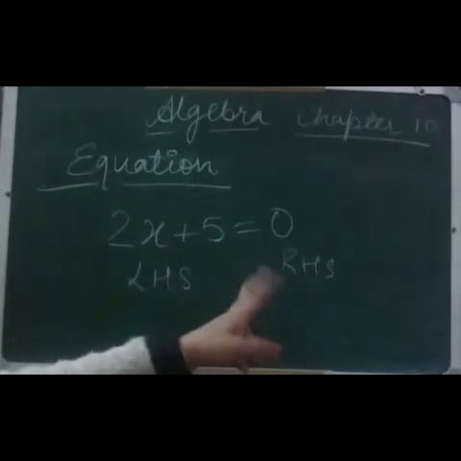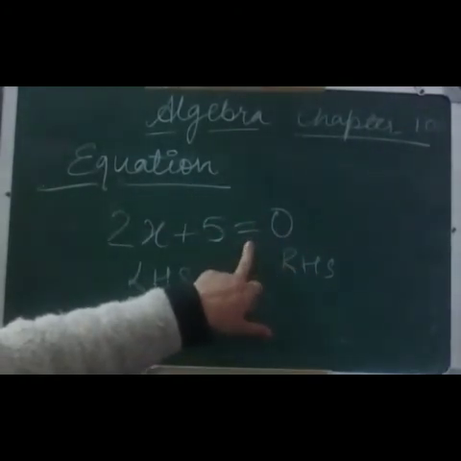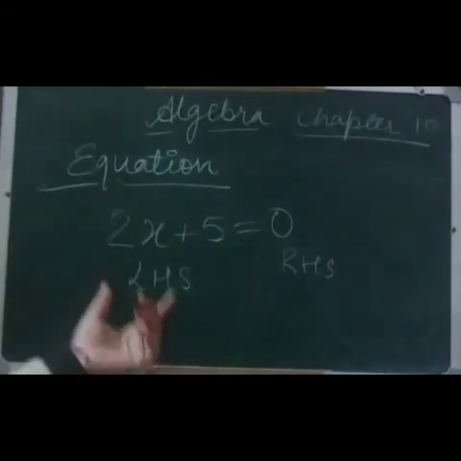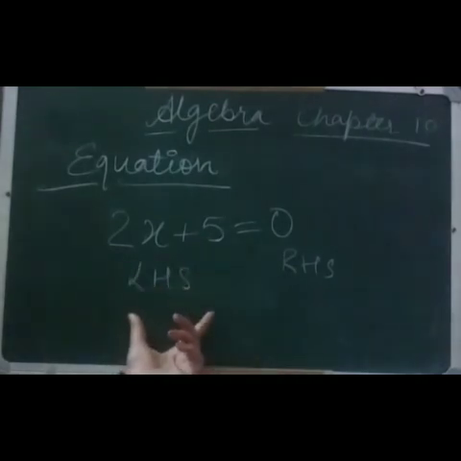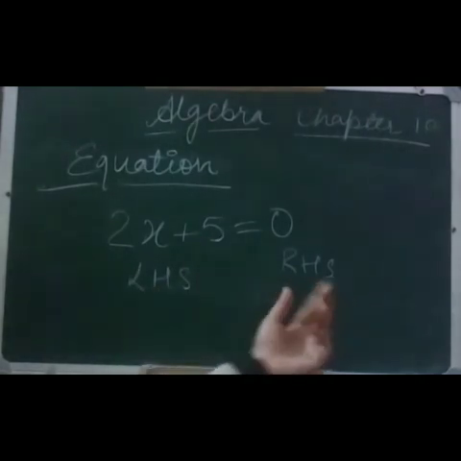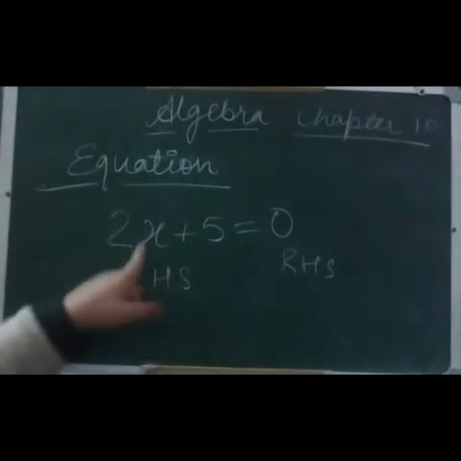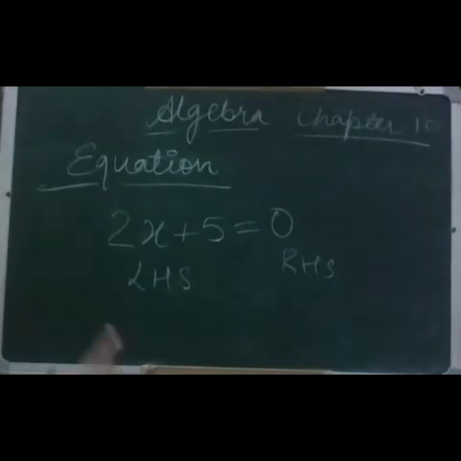If the value of the left hand side and right hand side are equal after putting the value of the variable, then it is an equation. And if LHS is not equal to RHS, then it is not an equation.